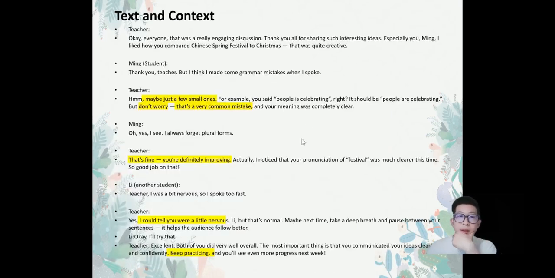Here is the text and the context. It is not a very long dialogue, and you can see the yellow part. I have highlighted some of the teachers' feedback, and they are all in accordance with the Politeness Principle that I mentioned before.